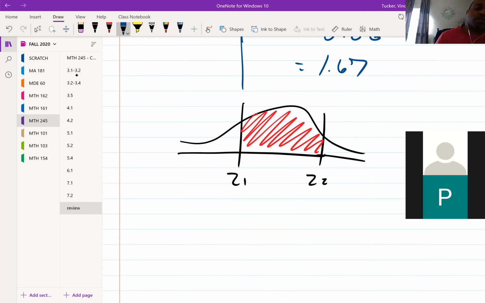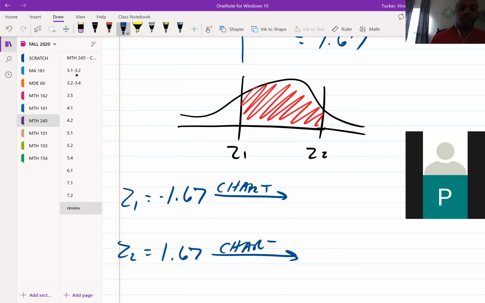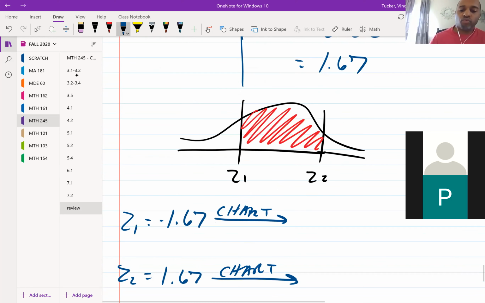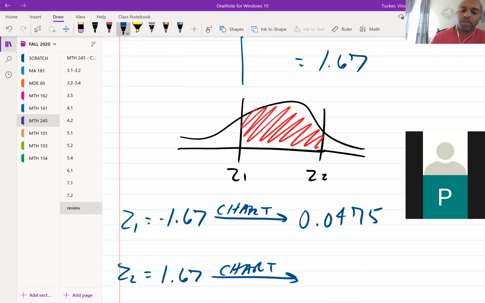All right, so we go to this chart. For negative 1.67 we get 0.0475, and then for positive 1.67, 0.9525.